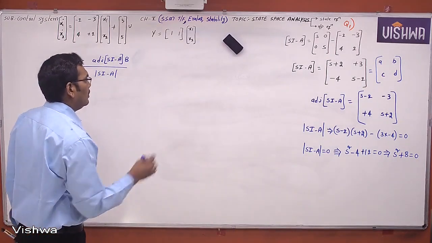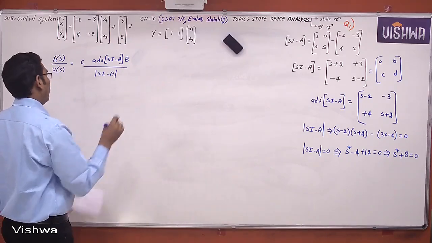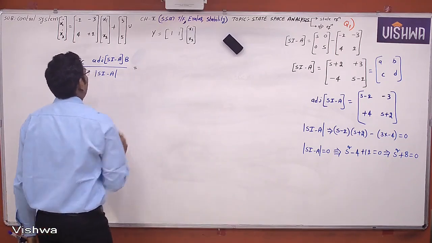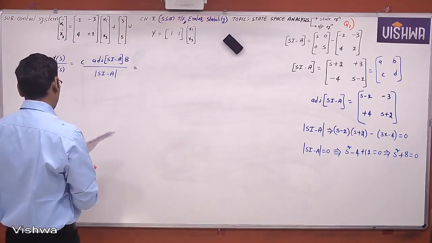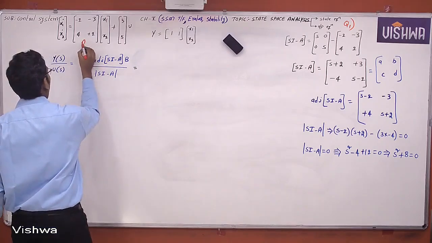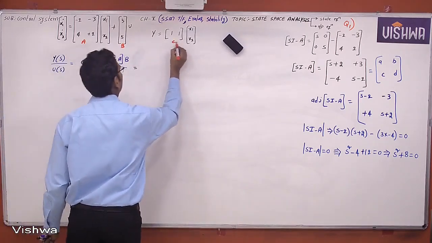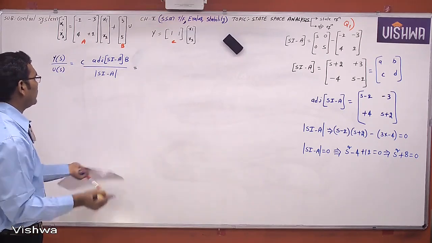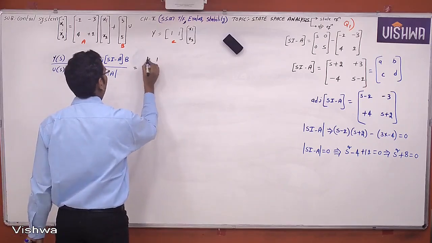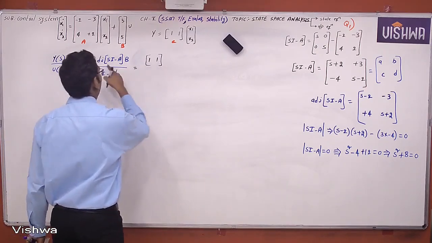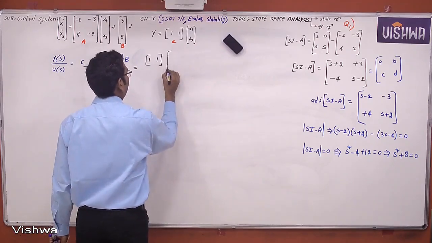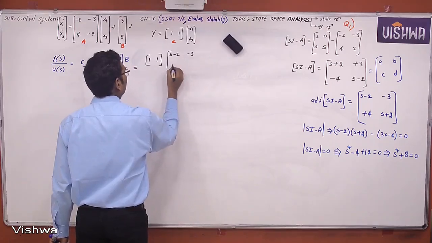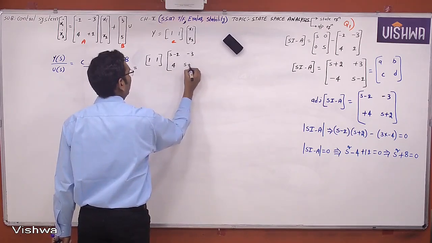So now we have the adjoint and determinant of the sI minus A matrix, and we can write directly. What is C? The C matrix is 1, 1, into the adjoint matrix, S minus 2, minus 3, 4, S plus 2.